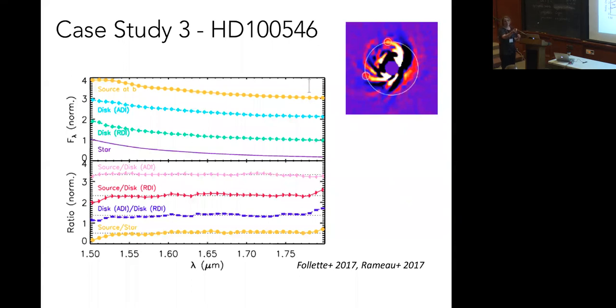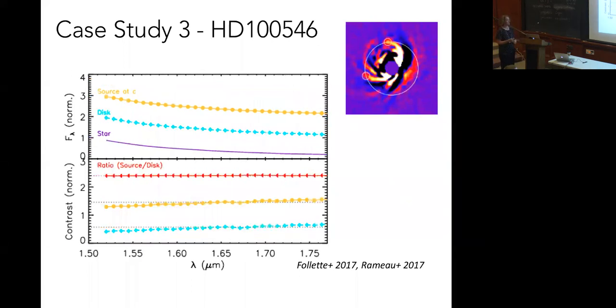Dust grains scatter light from the star in approximately a gray process, so dust grains should have the spectrum of the star. And so we can leverage that spectral information to separate potential disk contaminants from real planets. There was actually another candidate planet in here that showed a similar thing. So that's one way we can validate a candidate.